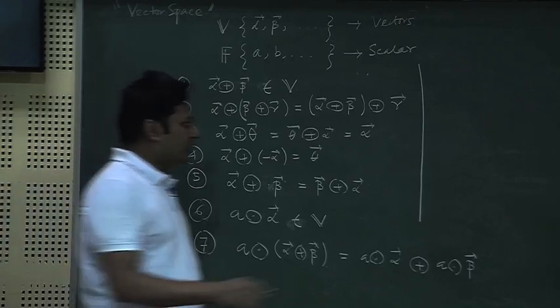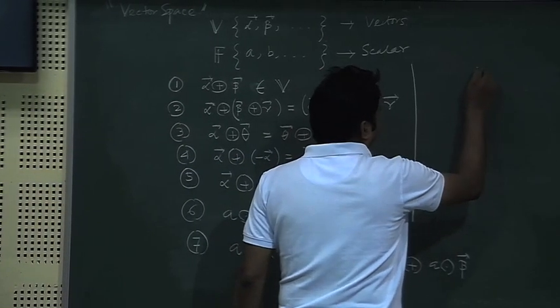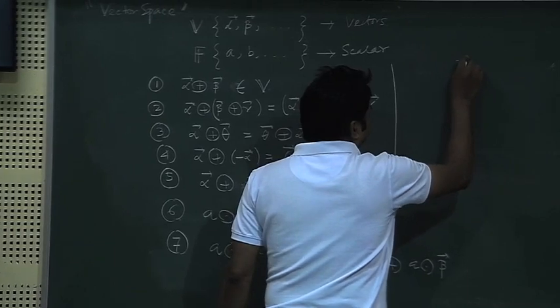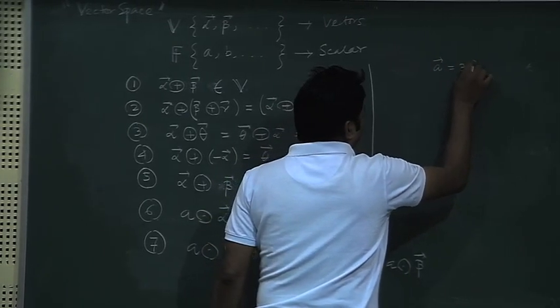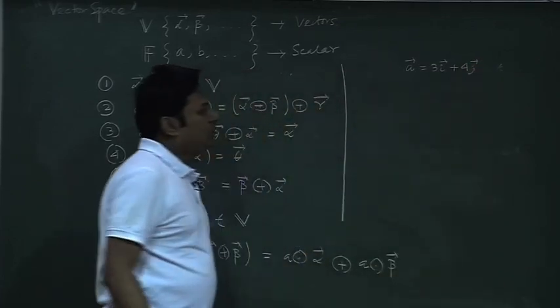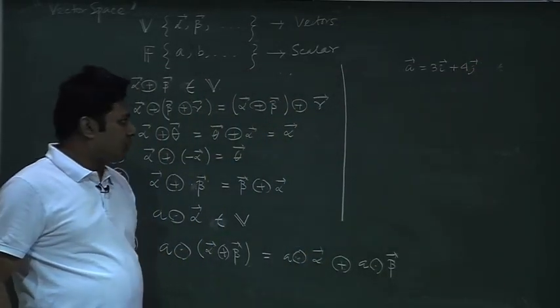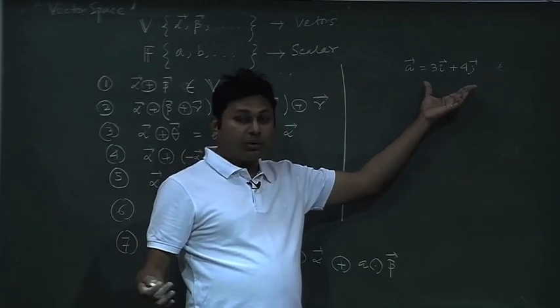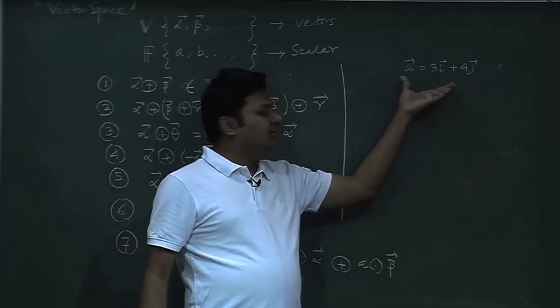trivial, because for example, a normal vector, let me give a very simple example, say 3i plus 4j. This is a vector we normally use in physics. This kind of notation is always used. i and j are basis, we will come to this point later, but let us consider this a vector.